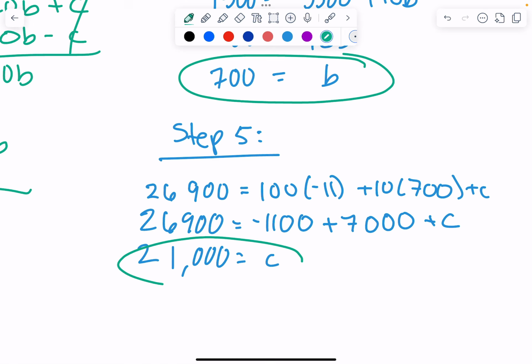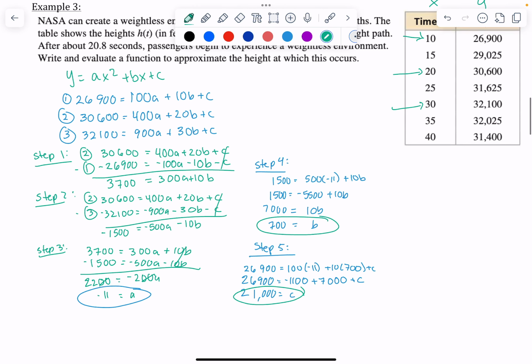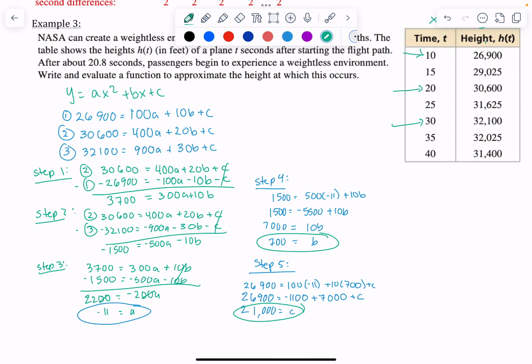And now that I have my values for a, b, and c, I can write my equation, or my function, that models this data.